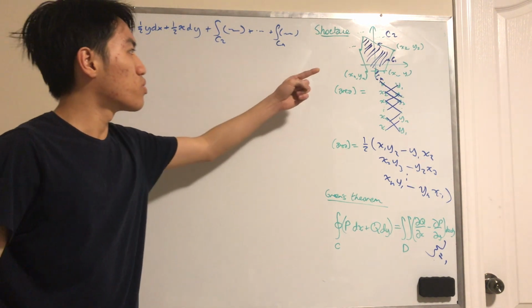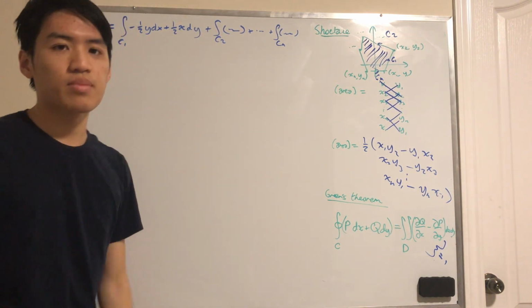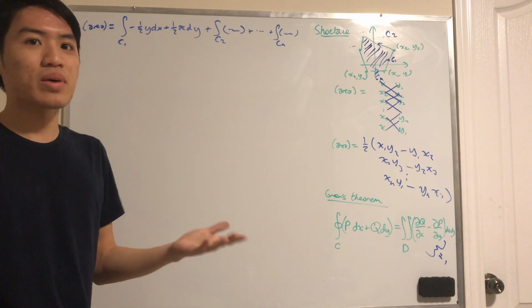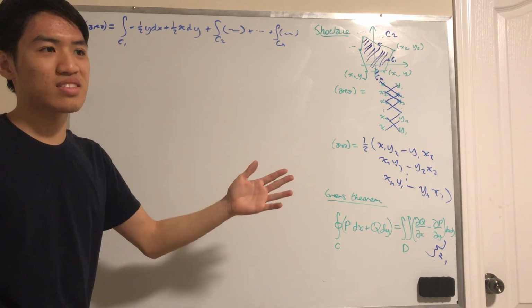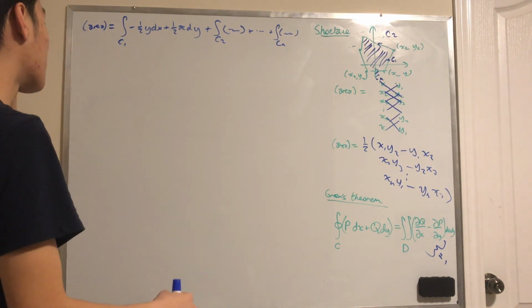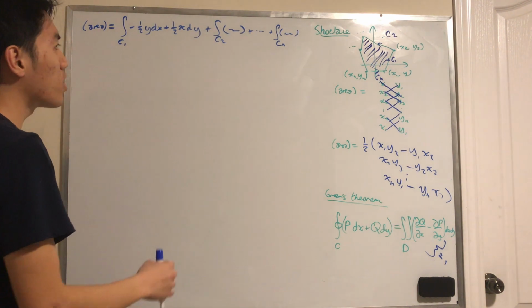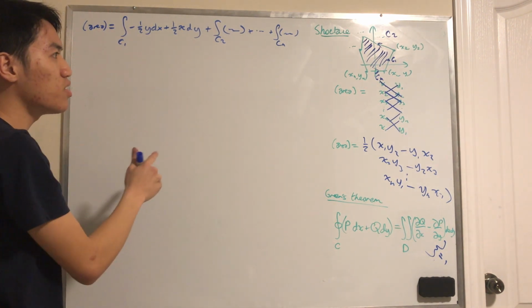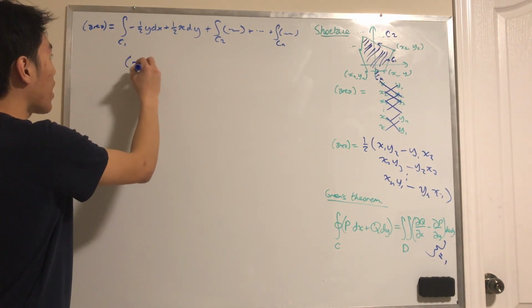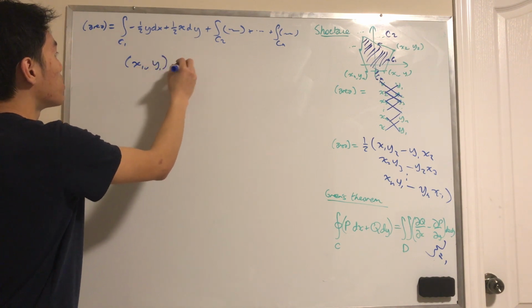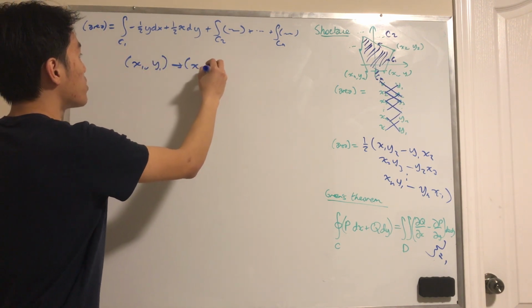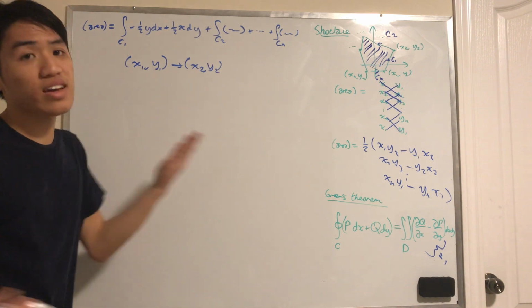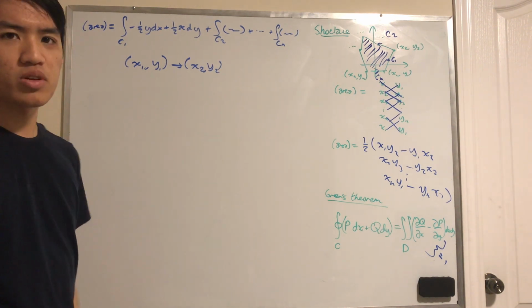We need to parametrize each of these line segments, and nicely, parametrizations of line segments are pretty easy. We want to find this first one, c1, which goes from the point x1, y1 to x2, y2, the first point to the second point. How do I parametrize this?